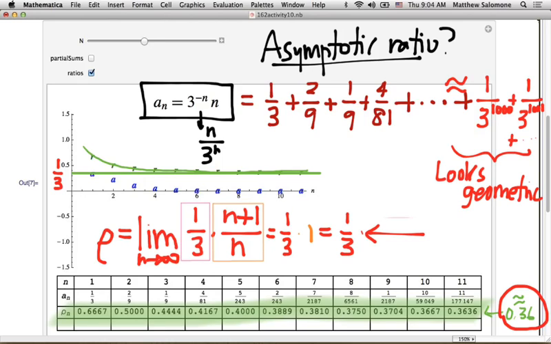Well, exactly in quotes. It looks geometric. And this common ratio that we computed would be the ratio of the geometric series that this thing looks like. And we know exactly what ratios make geometric series converge. What are they?